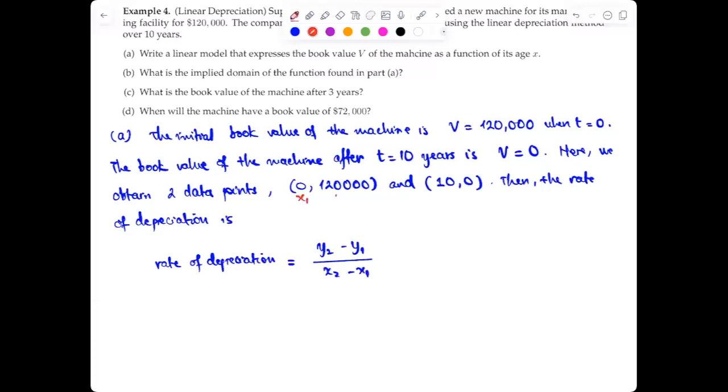So this is x1, y1, this is x2, y2. So you have 0 minus 120,000 divided by 10 minus 0. You should have negative 12,000.